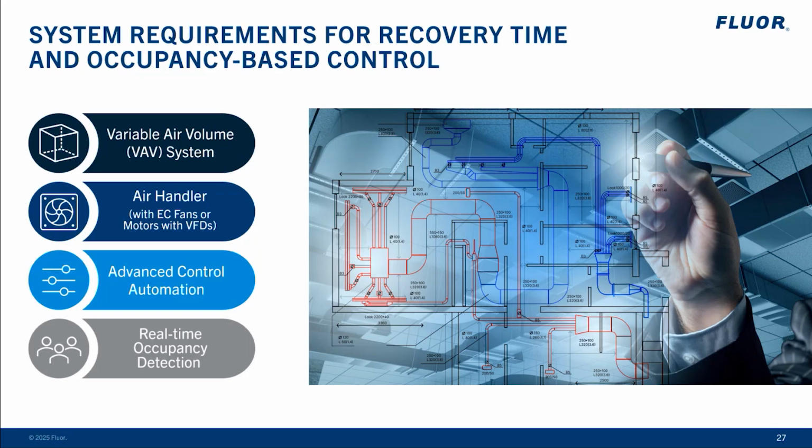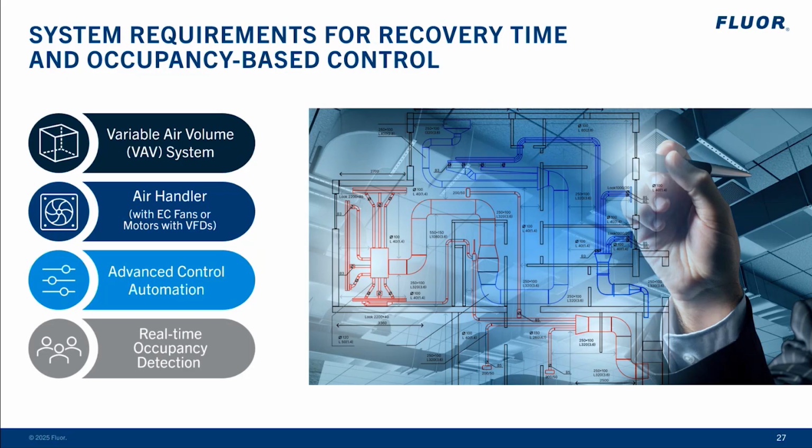Key components of such a system include variable speed fans, which enable smooth regulation of airflow across a wide range, and VAV dampers on supply and return, which allow dynamic adjustment of airflows to current requirements, both during normal operation and in recovery mode.